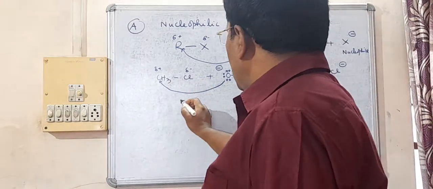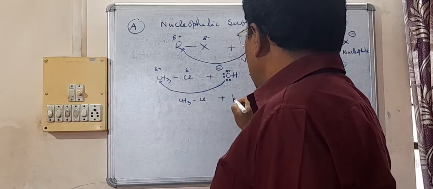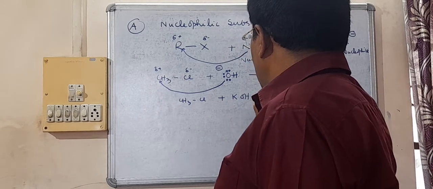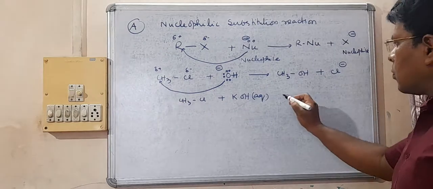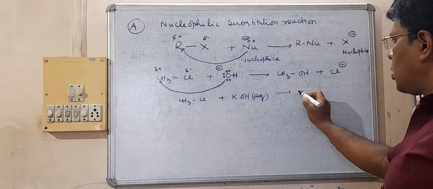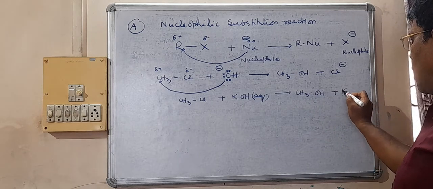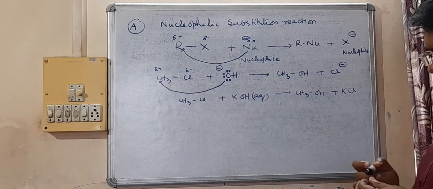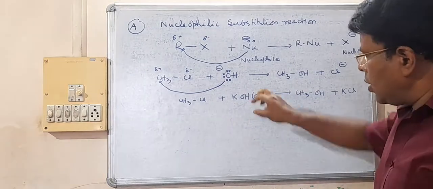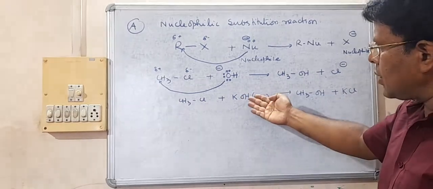This reaction can also be written like this: CH3Cl plus aqueous KOH, and it forms CH3OH plus KCl. Remember, it is the same reaction. So the reagent KOH supplies the nucleophile.